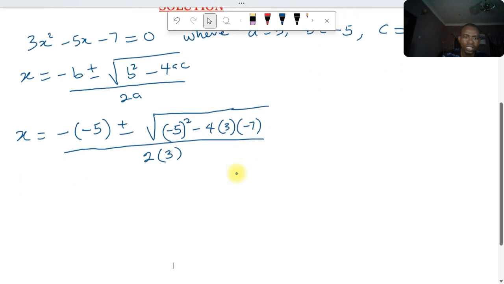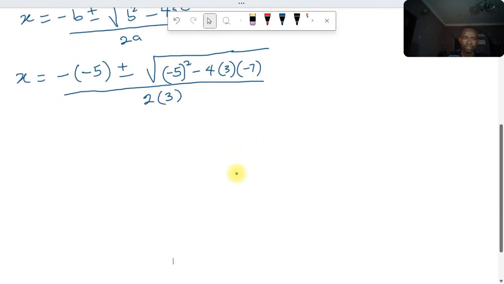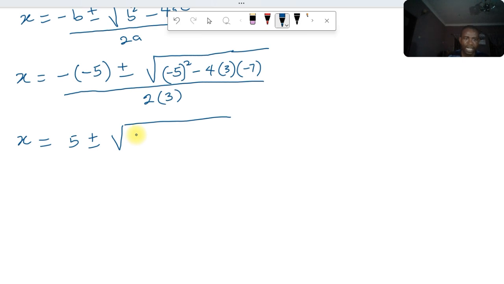So we proceed. We have x equals minus 5 times minus 5, minus times minus will give us plus. So I will have positive 5 plus or minus the square root. We have minus 5 squared, that is minus 5 times minus 5, and that is 25.